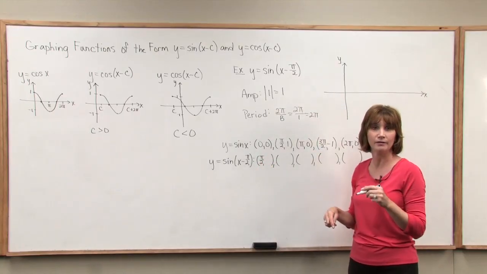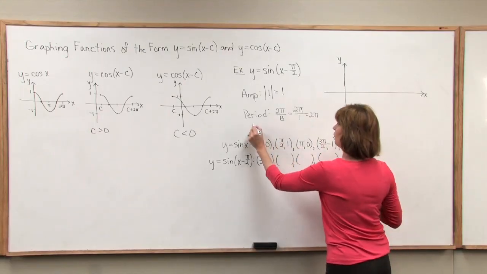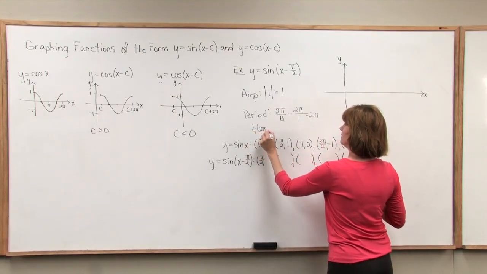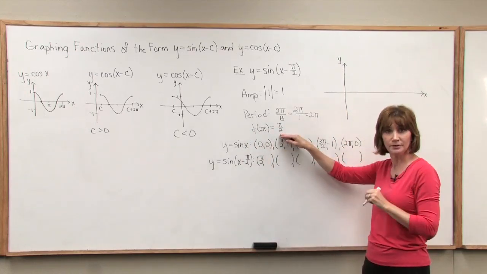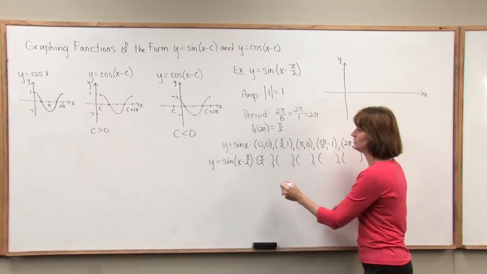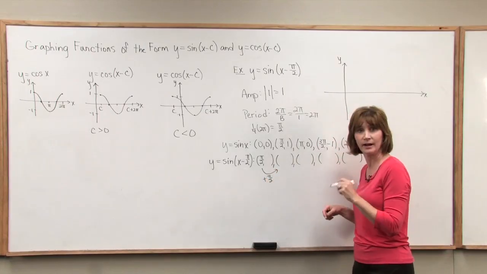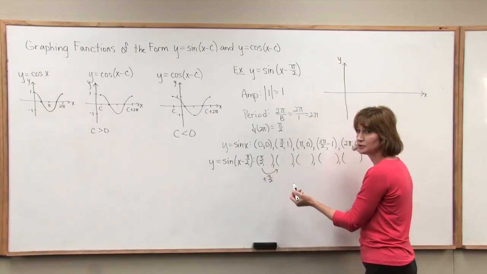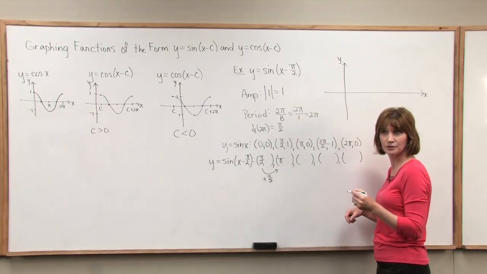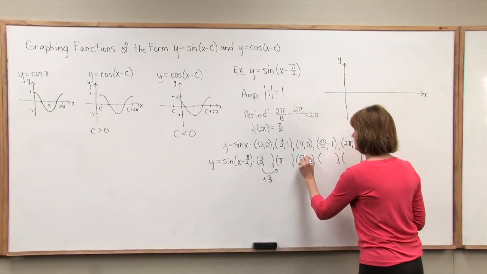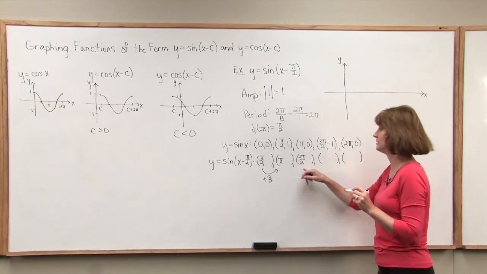So let's figure out all the x-coordinates. Since the period is 2 pi, 1/4 of that period is pi over 2. That's going to represent the interval between each x-coordinate. So we're going to add pi over 2 to each of these x-coordinates to get our next x-coordinate. Pi over 2 and pi over 2 is pi. Pi plus pi over 2 is 3 pi over 2. 3 pi over 2 plus pi over 2 is 2 pi.